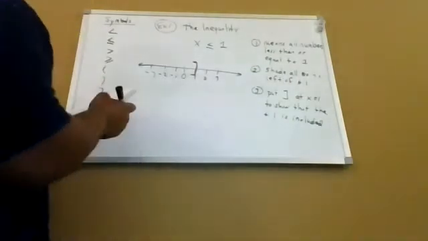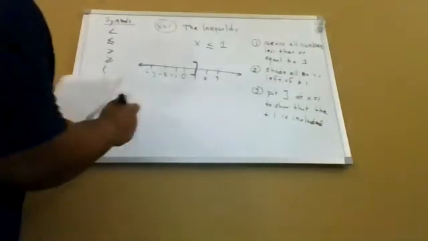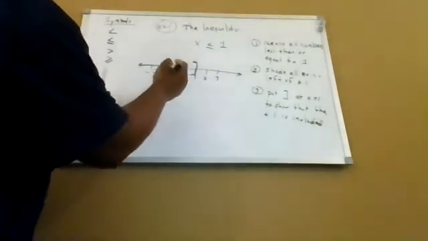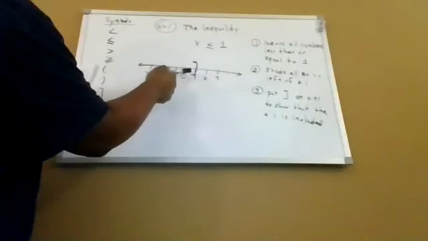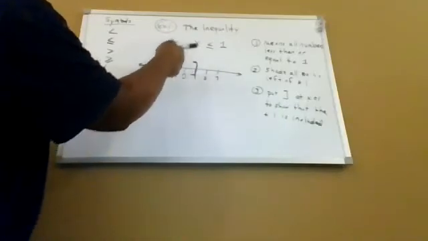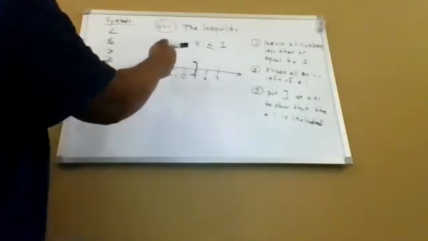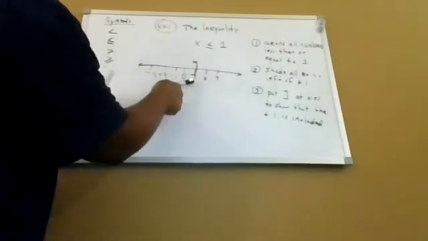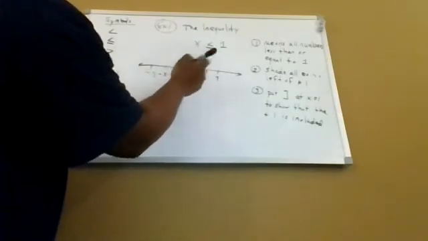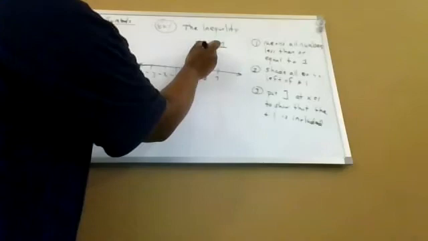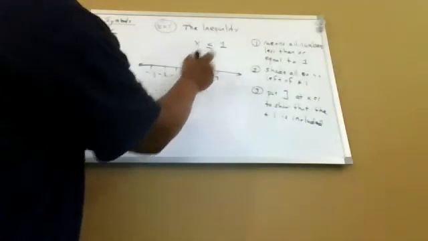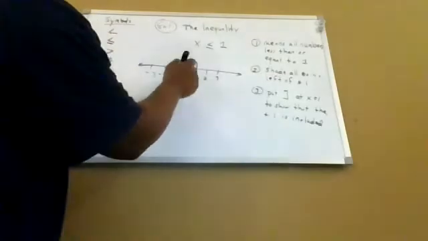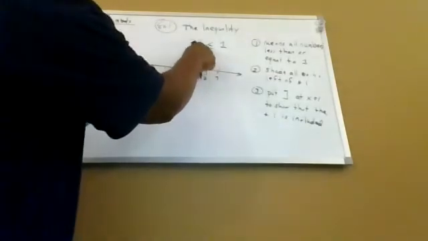We're putting the bracket to represent the equal sign, equal to 1.